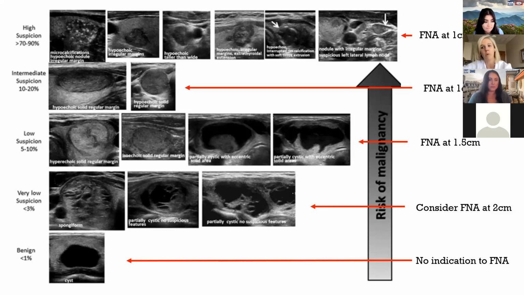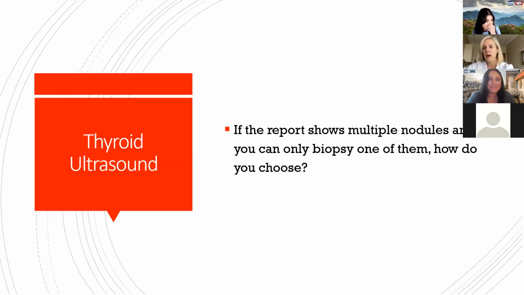Those are pretty low risk, but if they hit over 2 centimeters, we would still biopsy it just because the malignancy transformation potential increases at that point. And then these simple cysts at the very bottom, those you really don't have to worry about. They're usually just fluid filled and you don't have to do anything with that. Okay, next slide. Thank you.